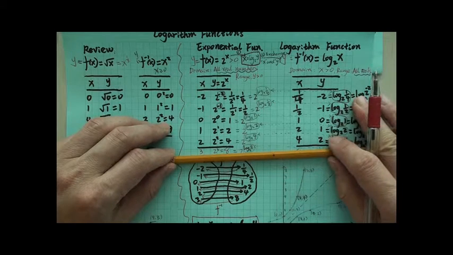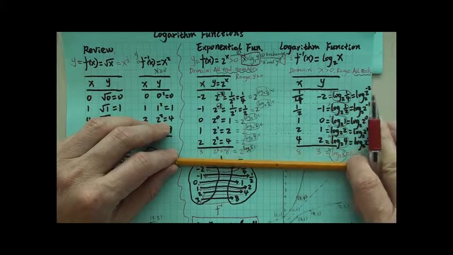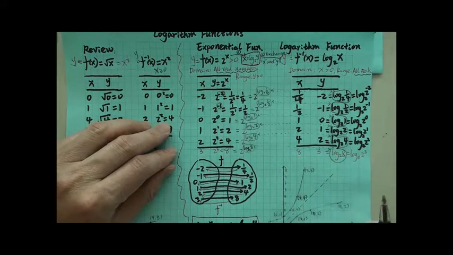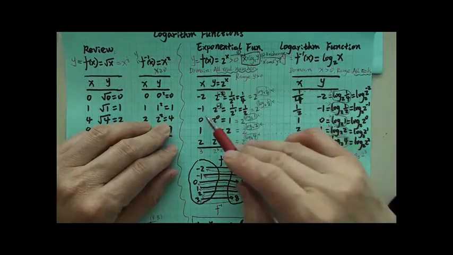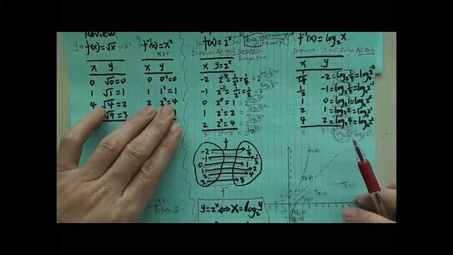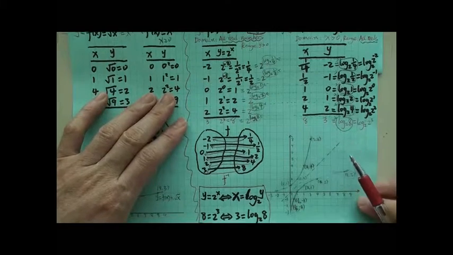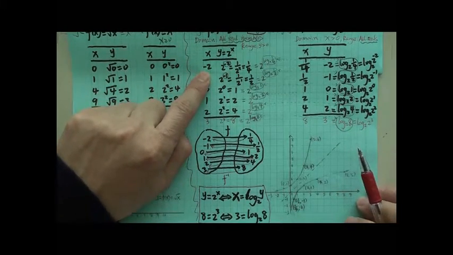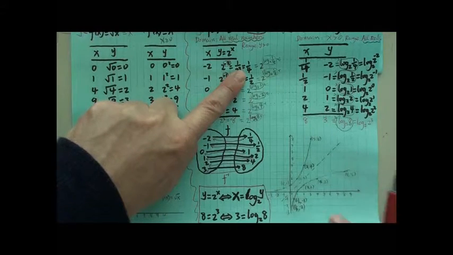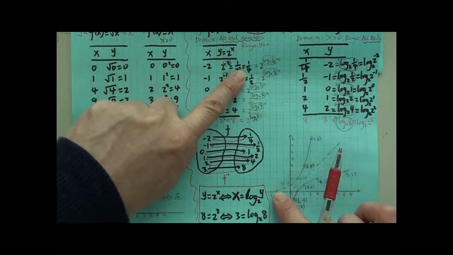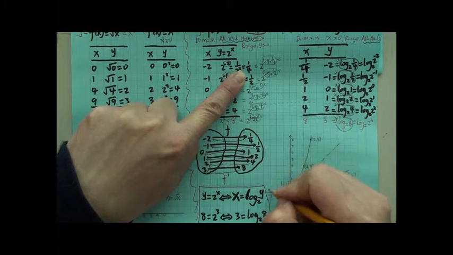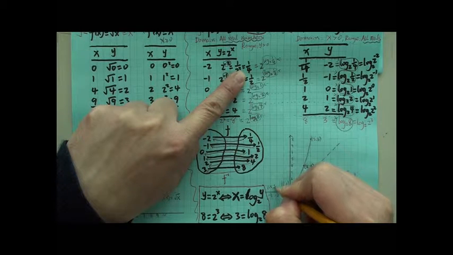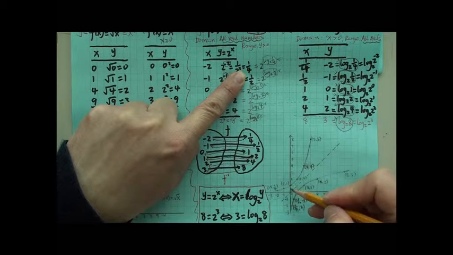Now, how about the graphs? We have an exponential function. That's -2, 1/4, -1, 1/2 right here. -2, 1/4. Where is that? -2 right here, that's for x. So we will write -2, 1/4. Where is 1/4? Here is 1/2, and here is 1/4.